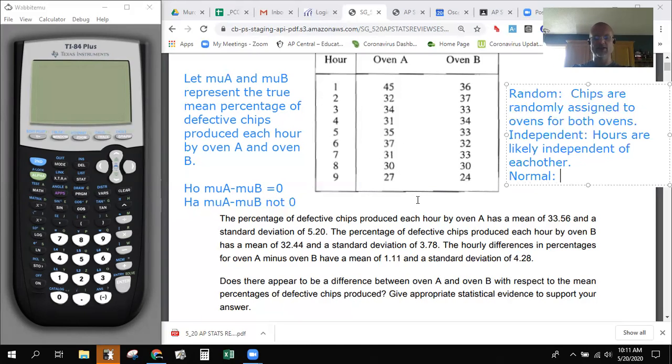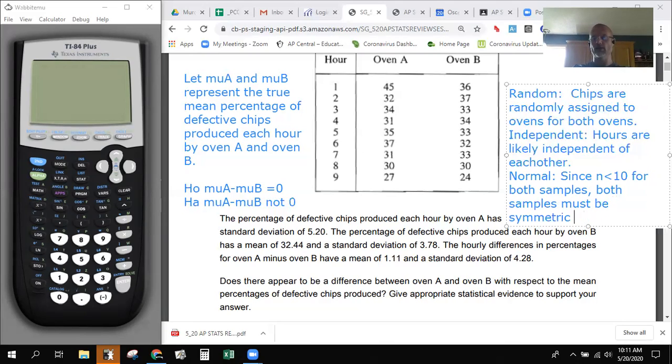So I'm just going to say here, since n is less than 10 for both samples, the data must be symmetric and without outliers.